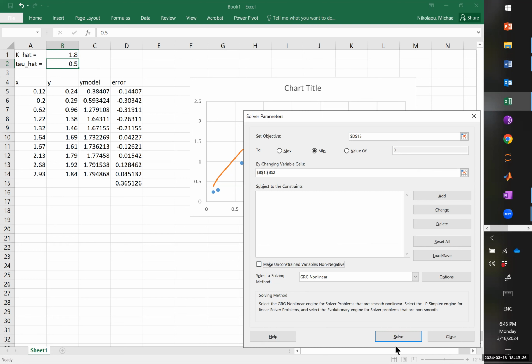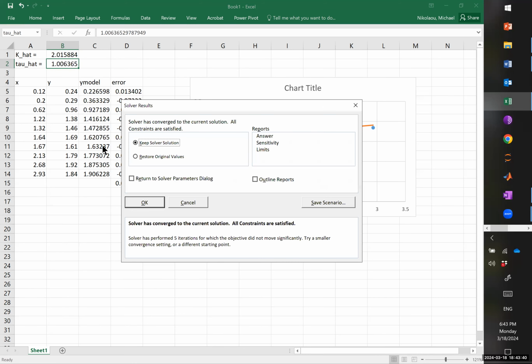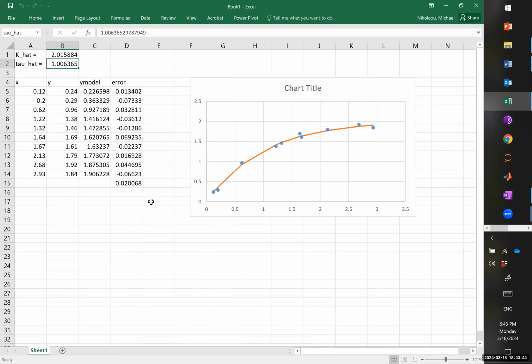You want to do the minimization, solve. If I haven't screwed up anywhere, I'll keep the solution. Nice, beautiful, it gives me nice results. So this is a case where nonlinear regression is nice, simple, and executes quite easily.